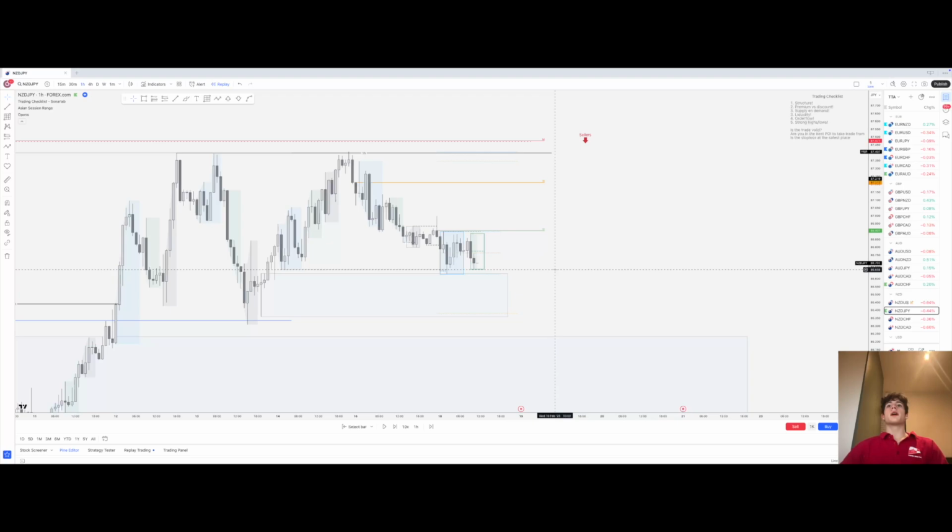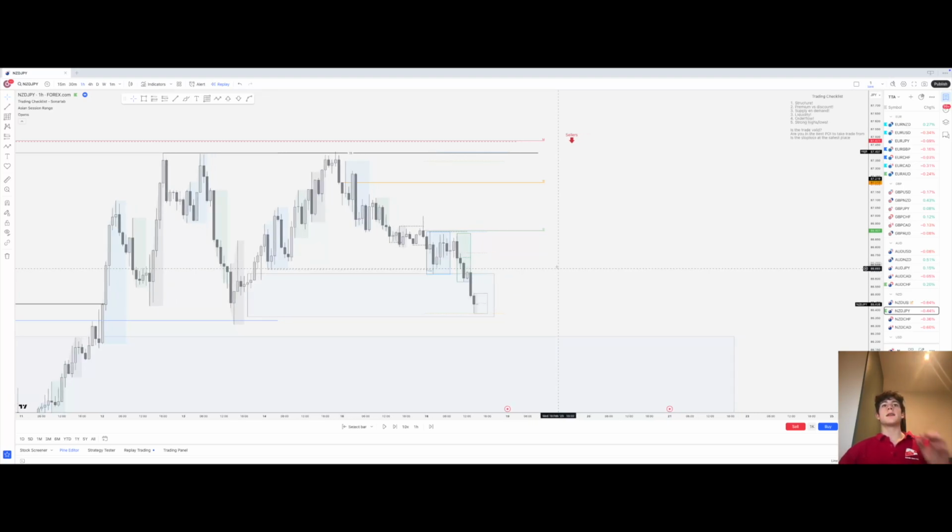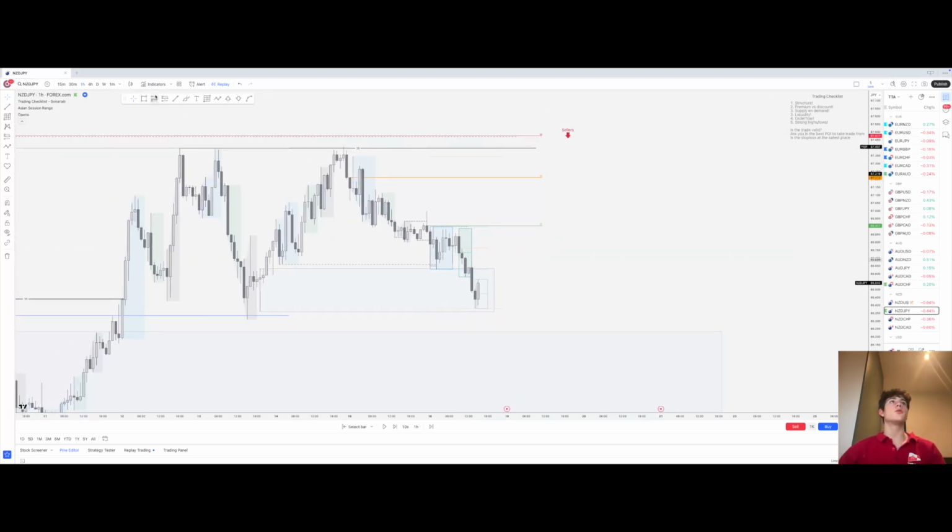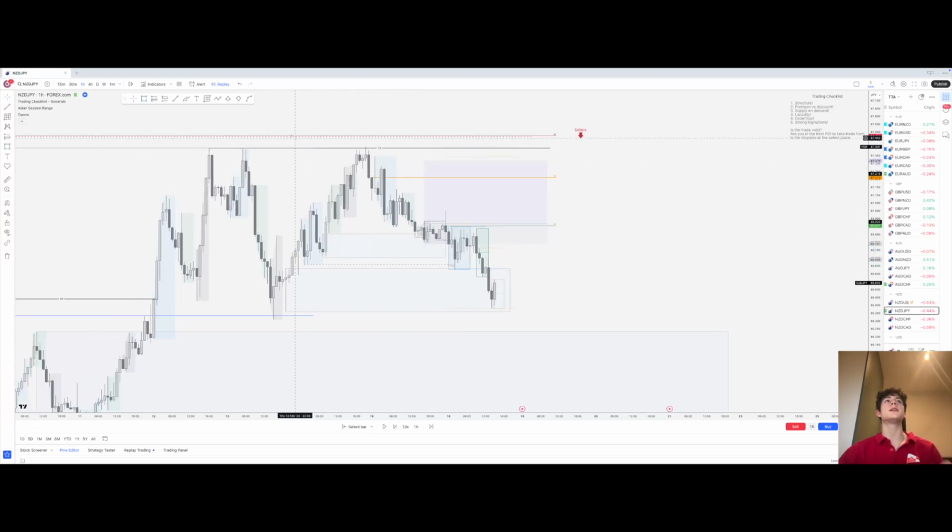So yeah, I just want to explain you guys that I wanted to long over here, right, after tapping inside this 1 hour demand zone, but you could see that we had no valid fractal break to the upside.